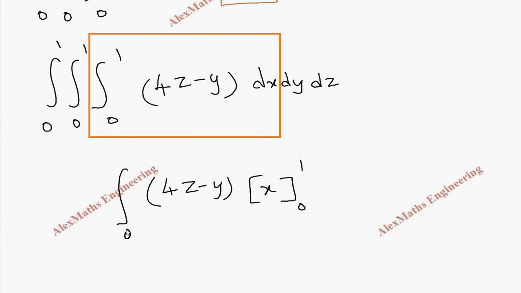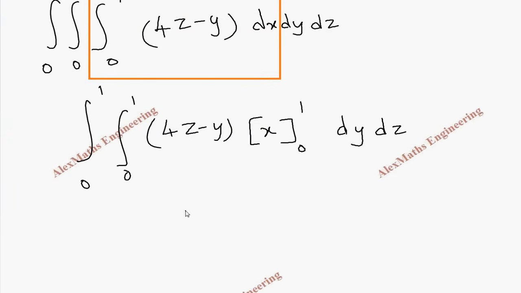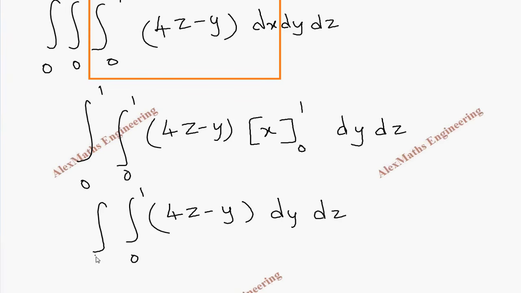The rest of the two integrals stay as they are, and at the end we have dy, dz. When we use the limit, it becomes 1, so it is 4z minus y. Now we have to do integral with respect to y, that is this part alone.